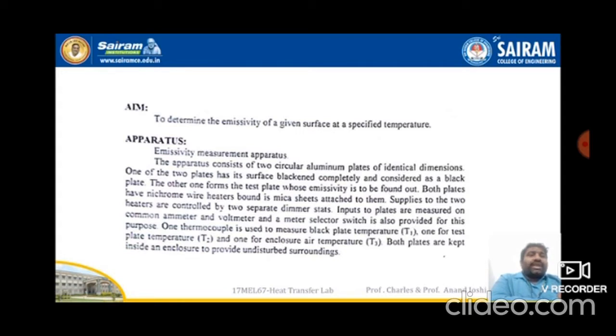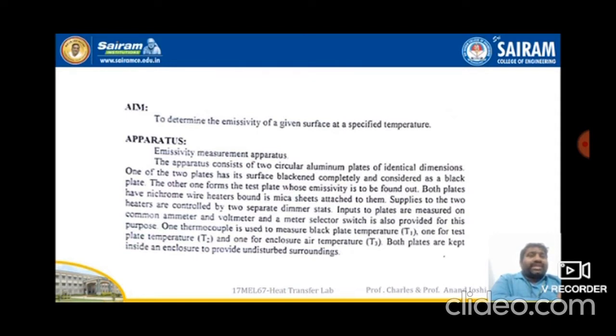Both plates have nichrome wire heaters bound in mica sheets attached to them. Supplies to the two heaters are controlled by two separate thermostats. Inputs to the plates are measured on a common ammeter and voltmeter.